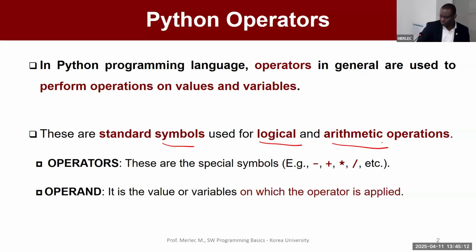For example, for operators, we have the plus, minus, multiply, and the division symbol, which are used for performing some arithmetic operations on values or on the values stored in variables. So for us to make an expression, we also have to use operands. Operands refer to the values or variables on which we perform operations.